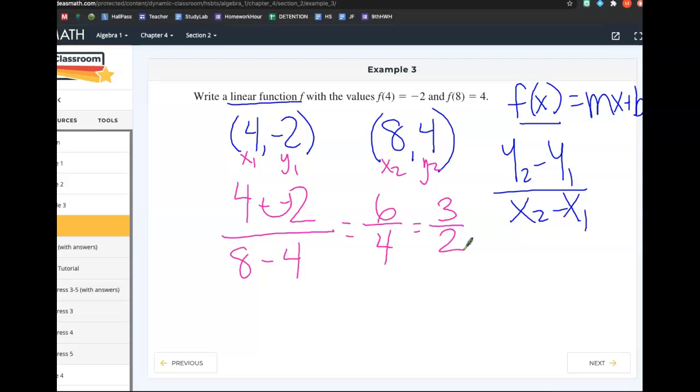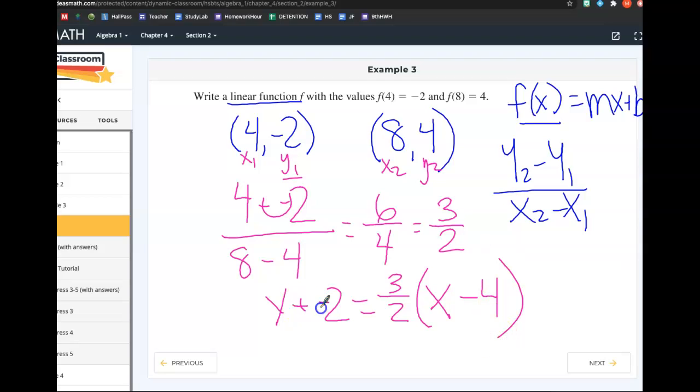I'm going to write it in point-slope form since I don't have the y-intercept. So y minus, I'm going to use this point, negative 2 equals my slope, 3 over 2, parentheses, x minus 4.